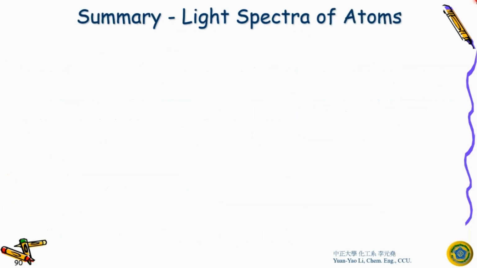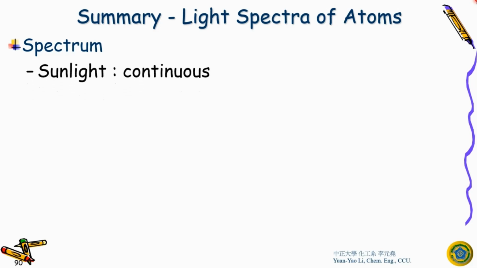So let me summarize the light spectrum of atoms. All the elements have their own fingerprint, which is the light spectrum. For sunlight, the spectrum is continuous. We all understand this because there are many, many elements. For a specific element or individual elements, you have a discrete, not continuous, light spectrum.